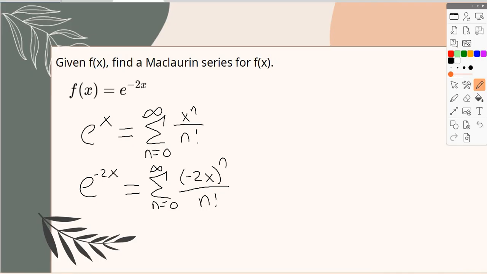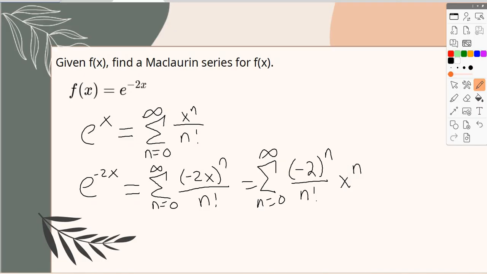So how would I separate that? If both of these are being raised to the n power right now, I could also just rewrite this as negative 2 to the n divided by n factorial times x to the n.